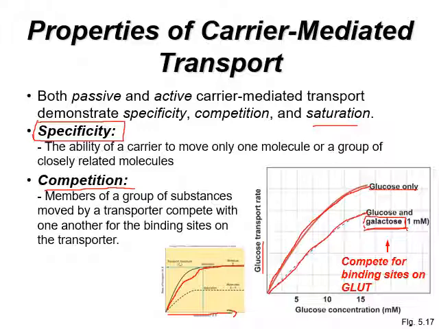So as we increase the concentration, the rate goes up, but at a certain point there's so much there that these other molecules are waiting for the transporter to release and have an open site. And so we can only increase the rate of transport so much. At a certain point it will plateau, and that's due to the saturation.